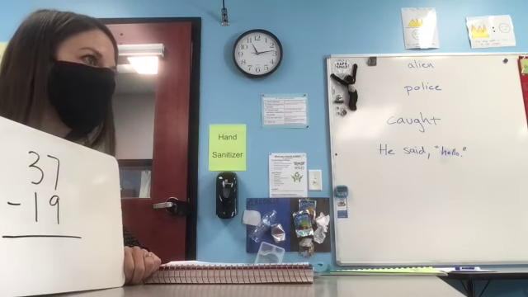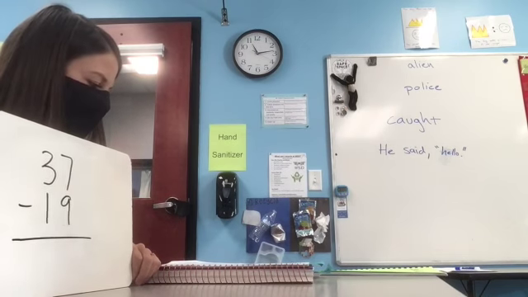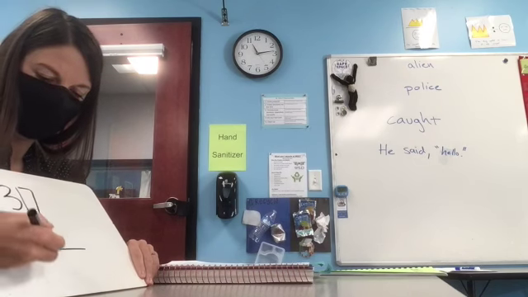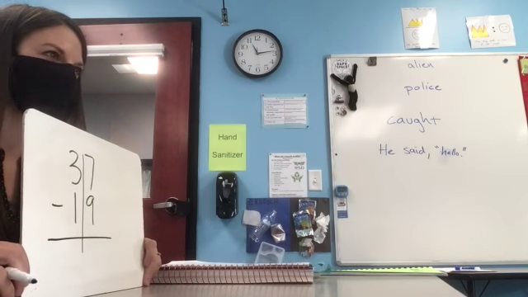37 minus 19. Great. Read the problem for the ones column. 7 minus 9. Can you work that problem? No. Great.